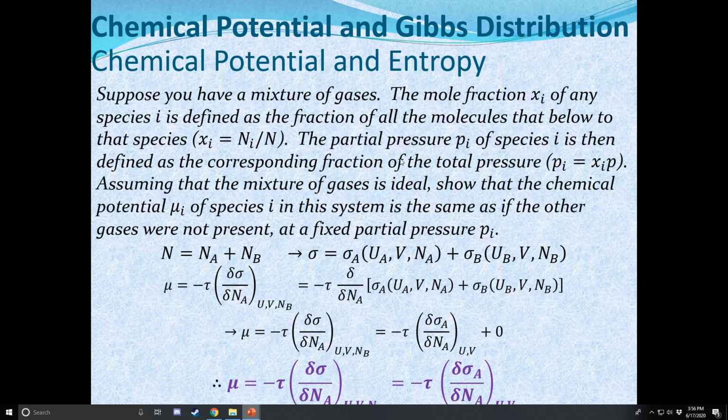So, as it says here, assuming that the other gas wasn't even present. This is looking at it as if the first gas is part of a bigger mixture, while this is looking at it as if we ignored that the other gases were present, and we're only treating the one gas.